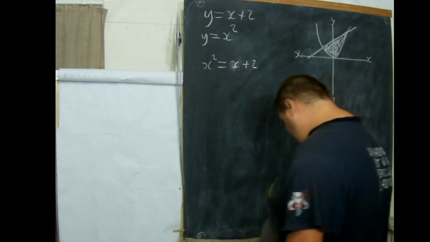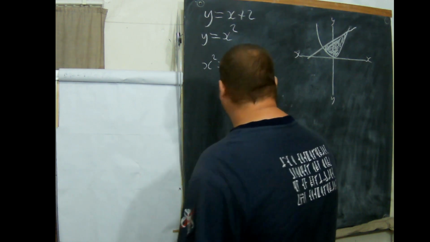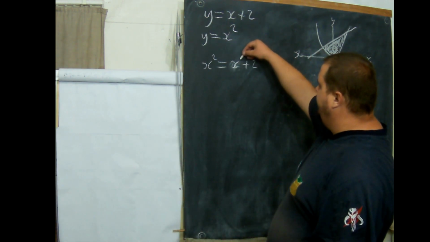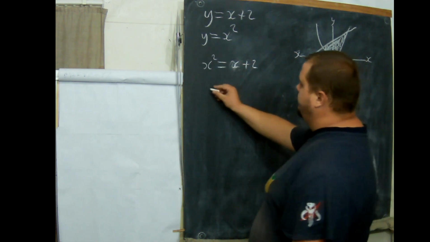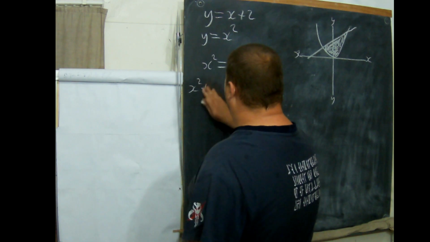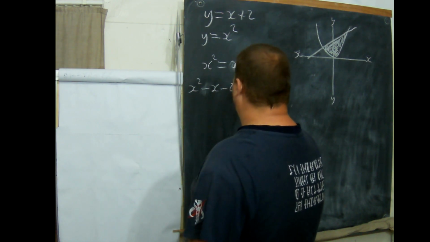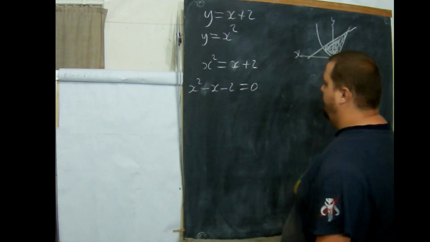Now, what we do is we move x plus 2 to the other side, so it's x squared minus x minus 2 equals 0.